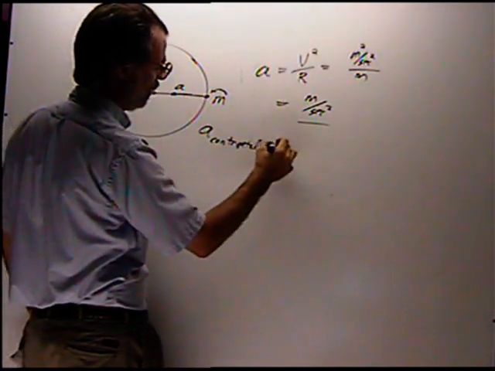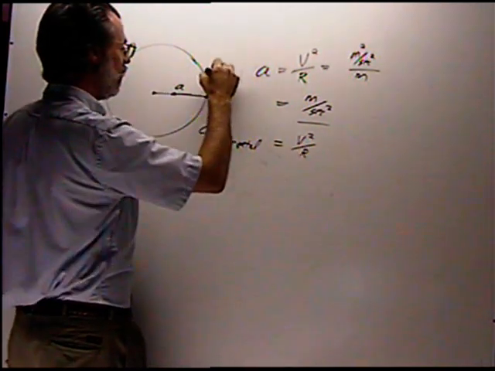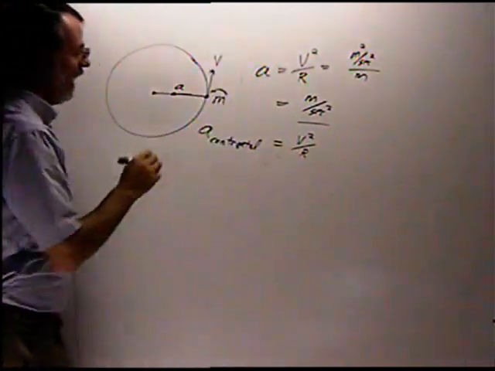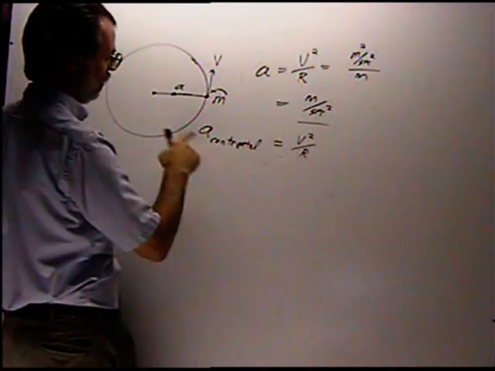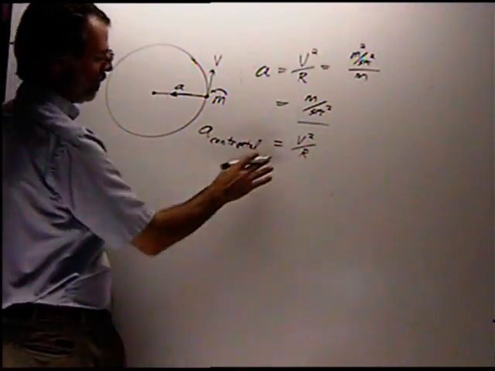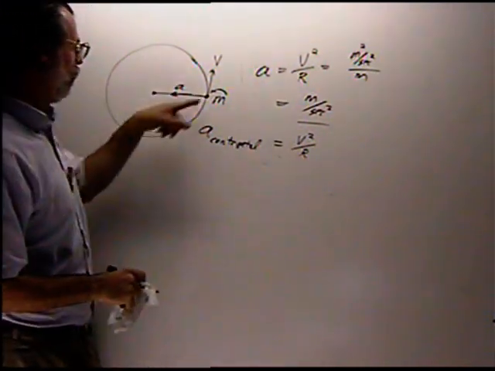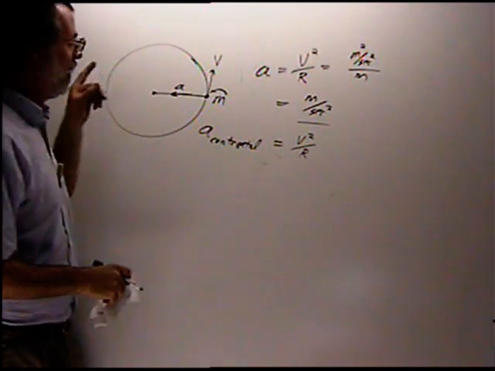It's equal to v squared over r. The tangential velocity is v, and the acceleration going to the center must be v squared over r. This is what's necessary in order to keep the rock spinning in a circle.